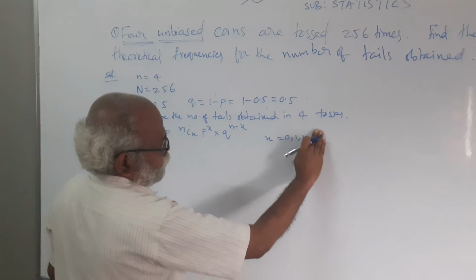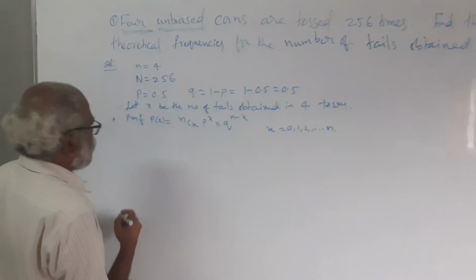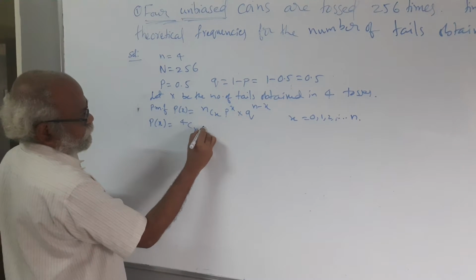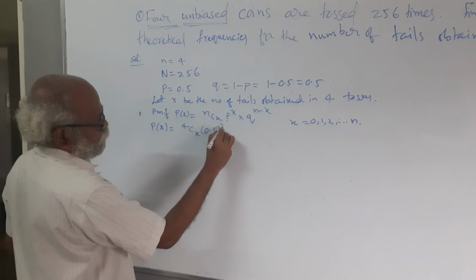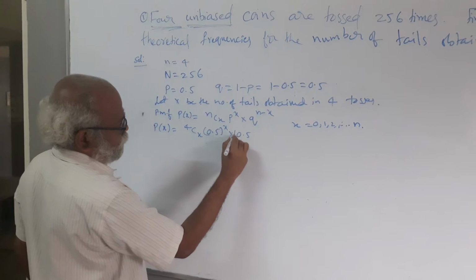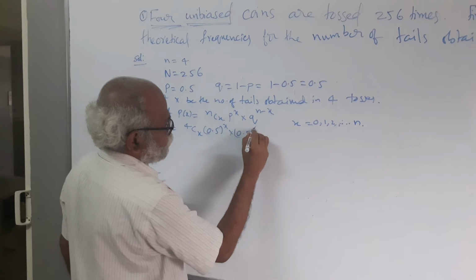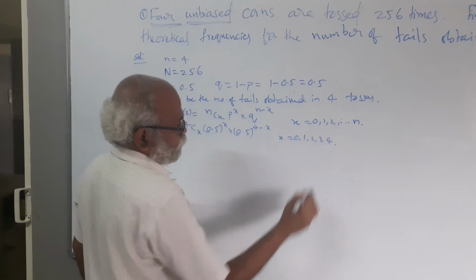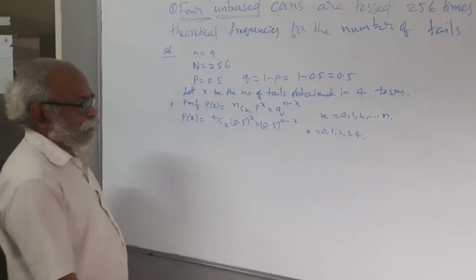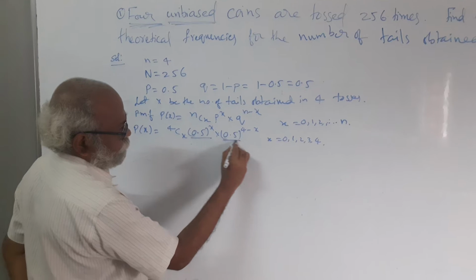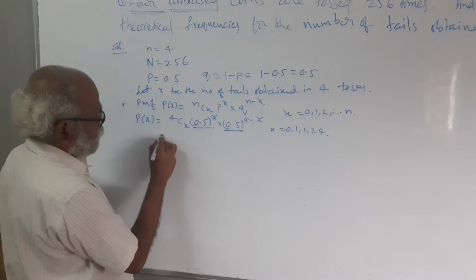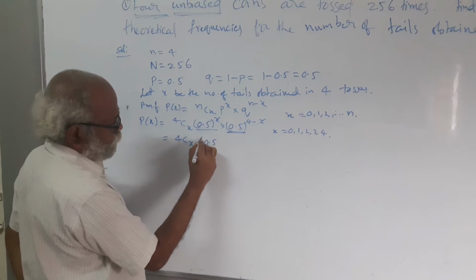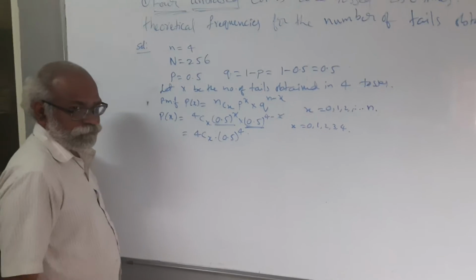Substituting, P of x is equal to 4Cx (0.5) raised to x into (0.5) raised to 4 minus x. In the previous sessions, I told you when p and q are the same, the powers combine. It simplifies to 4Cx (0.5) raised to 4.